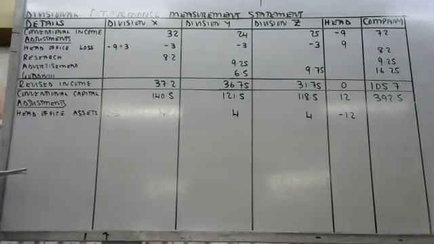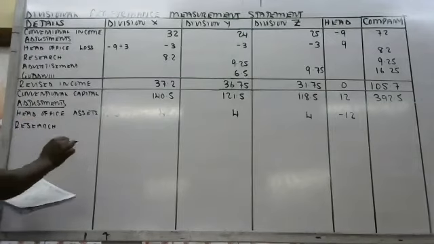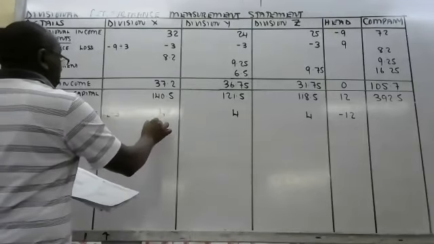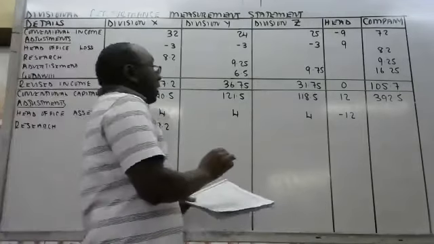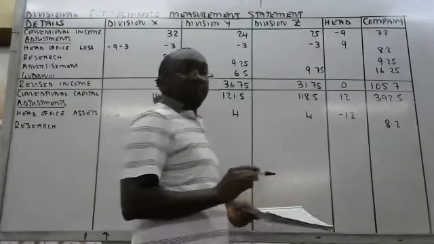Then from there, we bring research. So research should be brought here, 8.2, and also here to the company, 8.2.